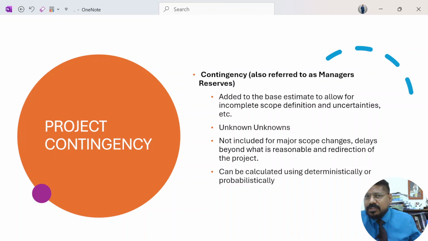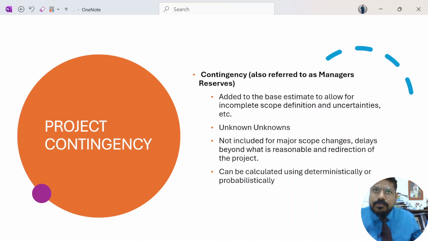This 10 CR is also consumed and the project still needs some money. Then A will reach out to me that we need 20 more from management reserve. Now this is at my discretion.